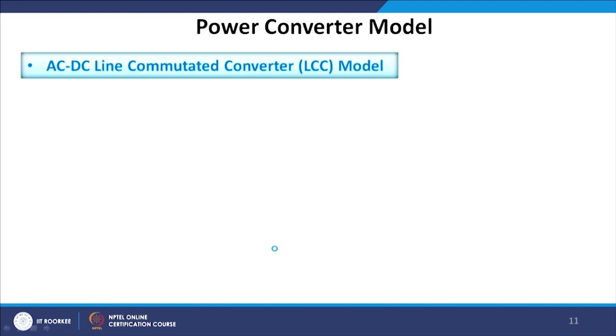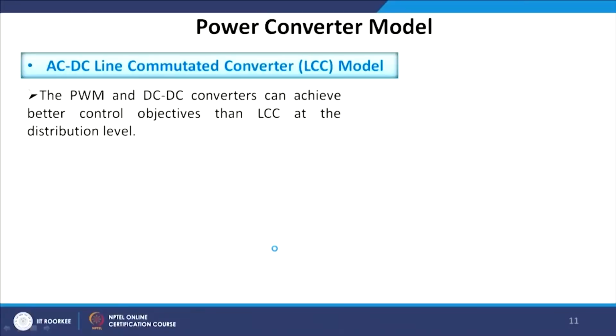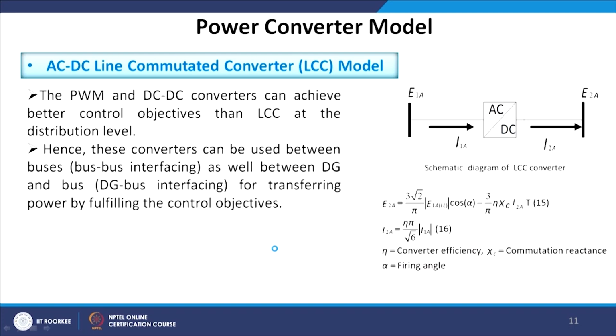Now, there is one more important converter known as the AC-DC line commutated converter, that is the LCC model. The PWM and DC-DC converters can achieve better control objectives than LCC at the distribution level. Hence, these converters can be used between the buses as well as between DG and bus for transferring power while fulfilling the control objectives.